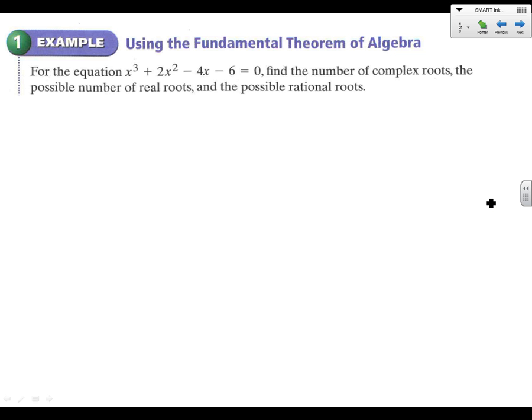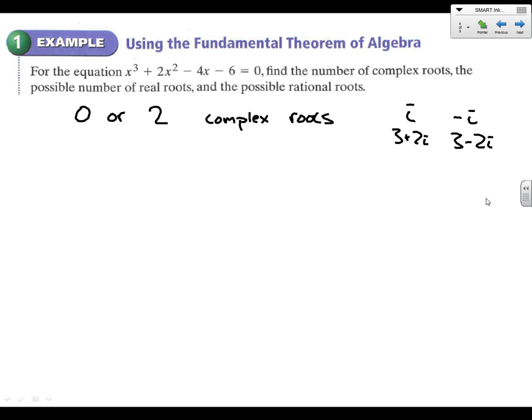Now, let's start with the imaginary roots, complex roots. All right, so complex roots, because of conjugates, there's either going to be 0 or 2 complex roots. Because remember, if you have i, you also have negative i. Or if you have 3 plus 2i, you also have 3 minus 2i.